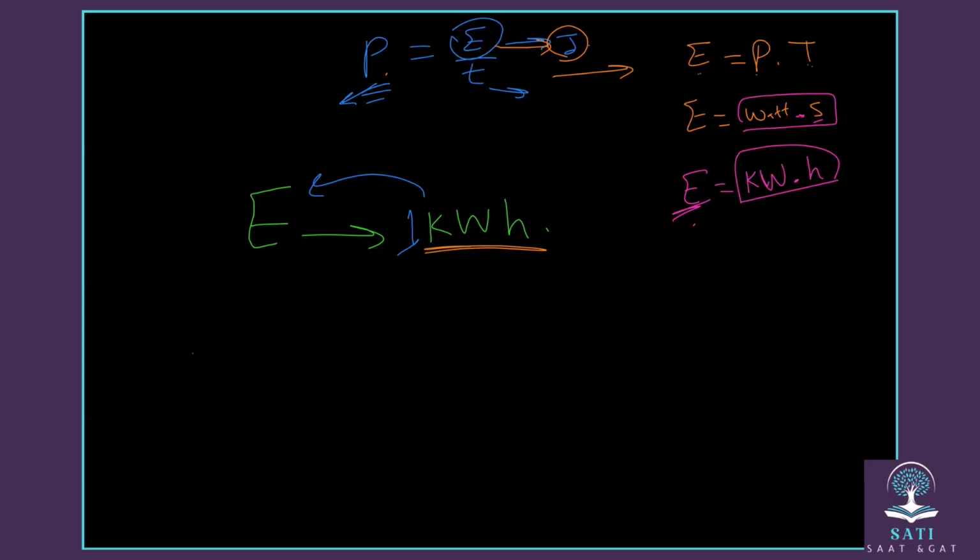Okay, 1 kilowatt hour, now if I want to change it into joules, how many joules does it represent? The K, which is kilo, means 1,000 watt, times 1 hour, and 1 hour means 60 times 60 seconds.